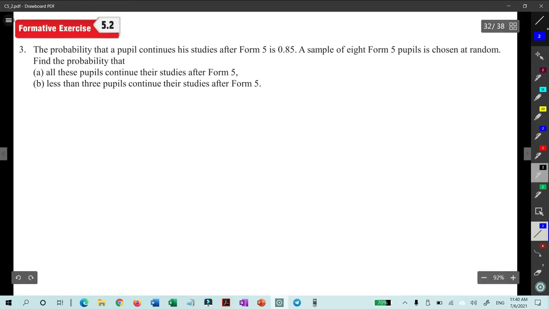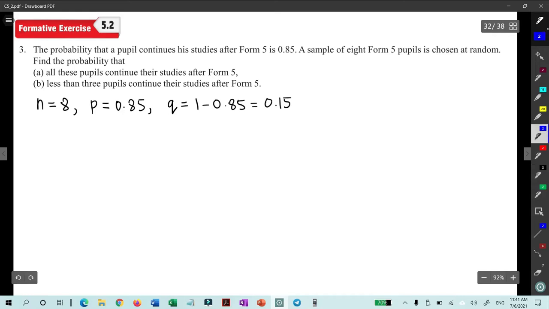So in this case, the value of n is equal to 8, and the probability of success is 0.85, and the value of q is 1 minus 0.85, which is 0.15.